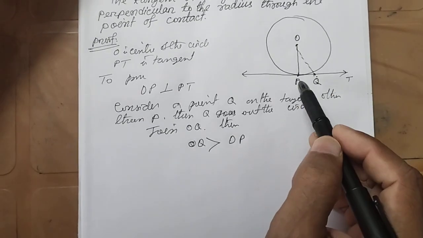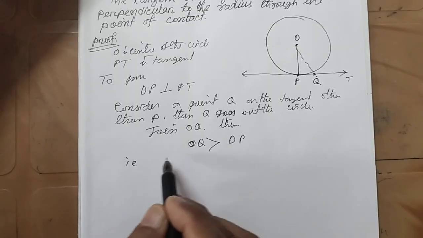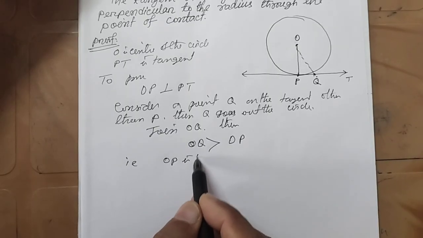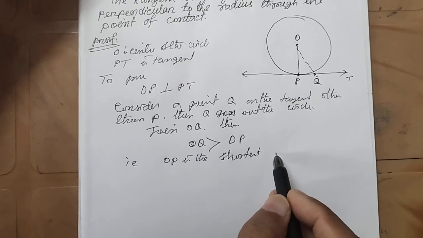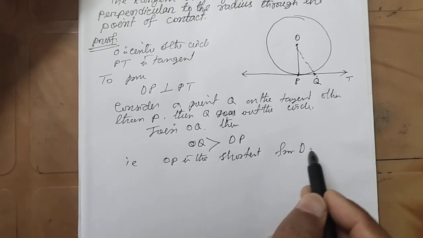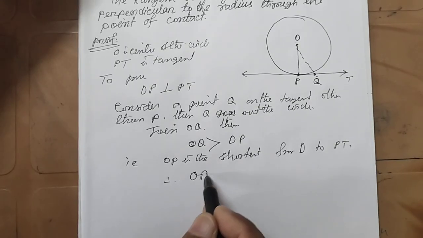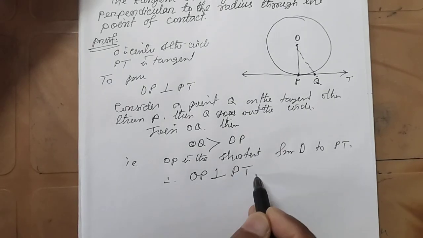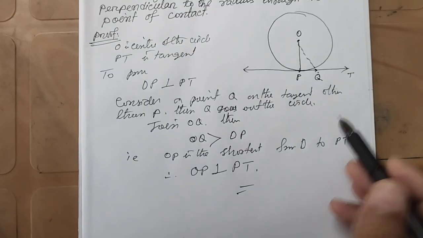That means OP is the shortest distance from the center to the line. That is, you can say OP is the shortest distance from the point O to the tangent PT. Therefore, OP is perpendicular to PT. So this proof is done through explanation like this.